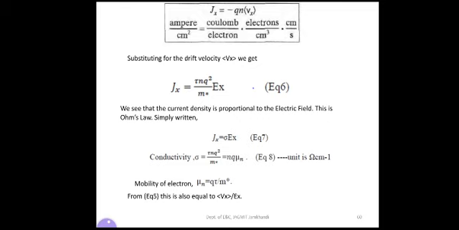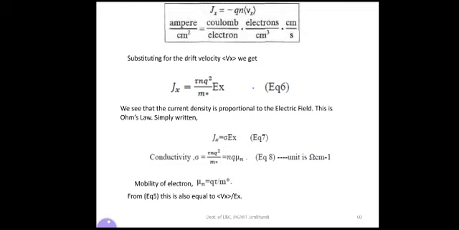So substituting for the drift velocity Vx, we get Jx equal to tau n q square by m asterisk into epsilon x. That is equation number 6. We see that the current density is proportional to the electric field.